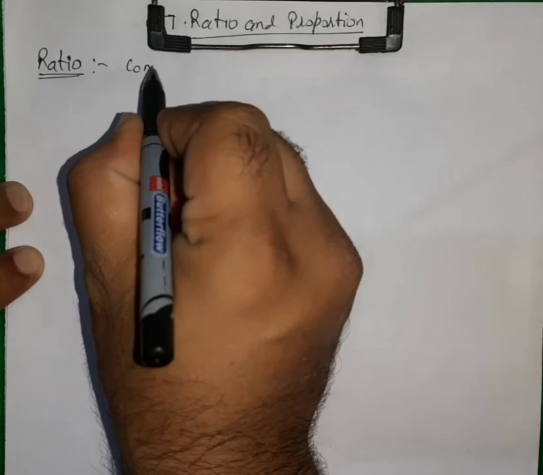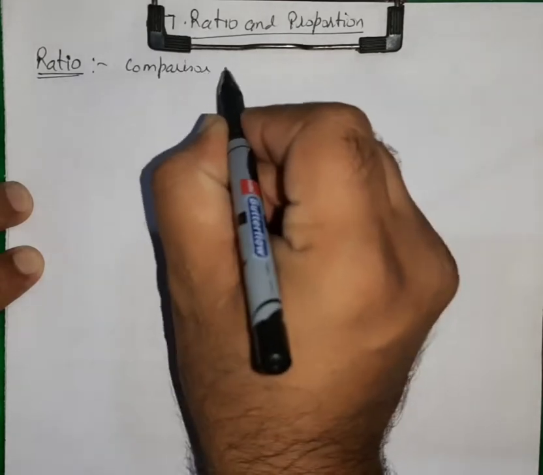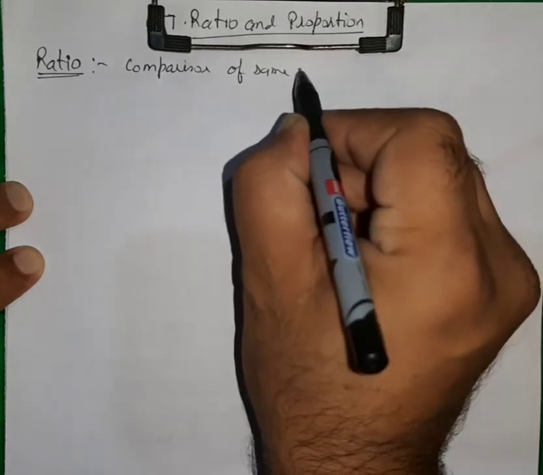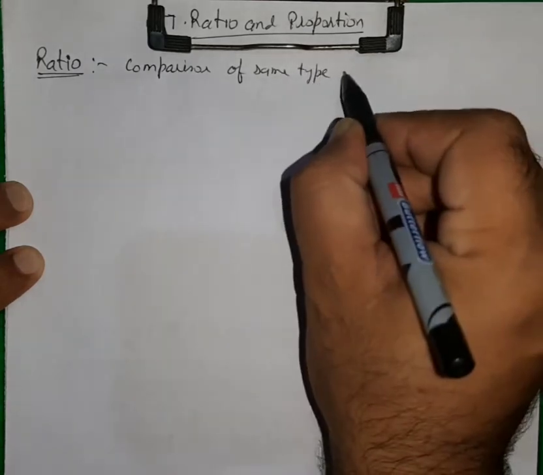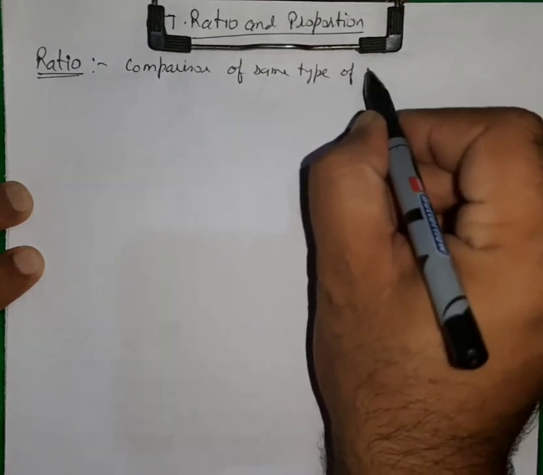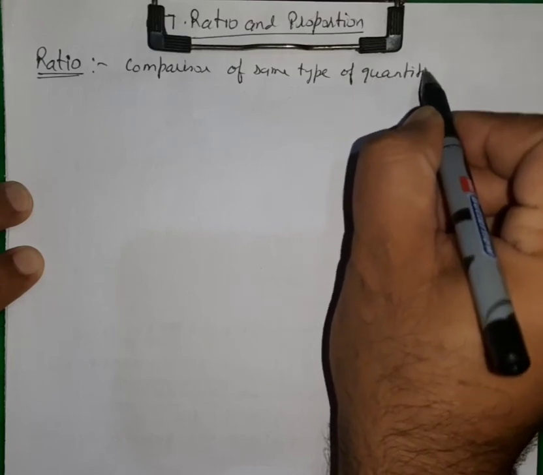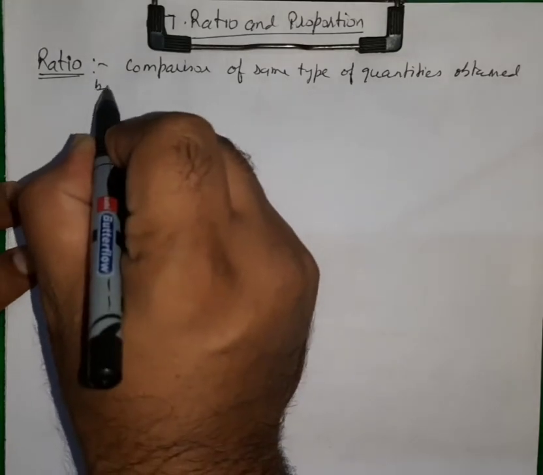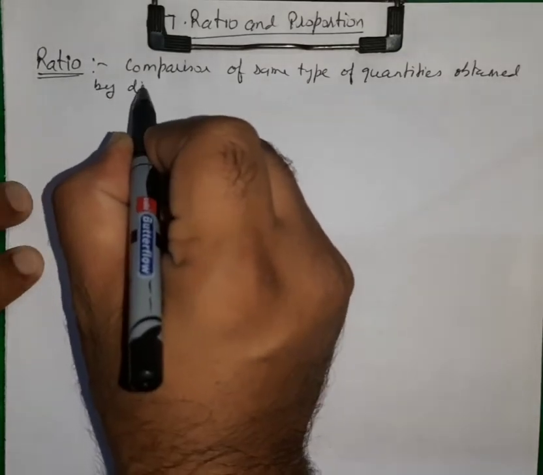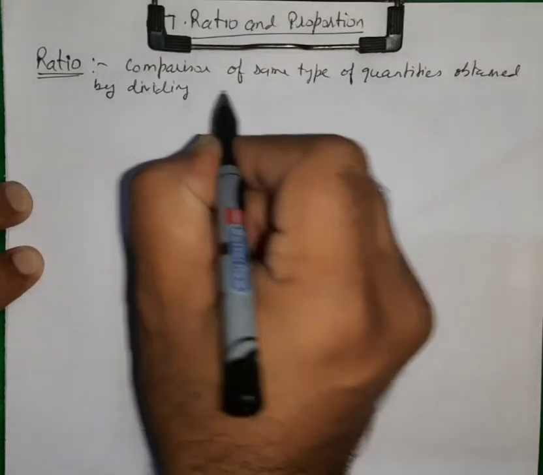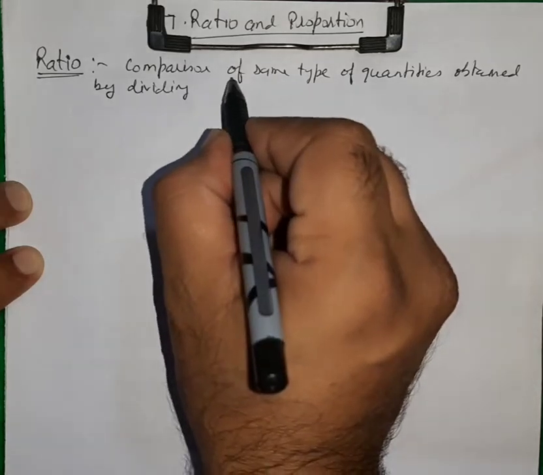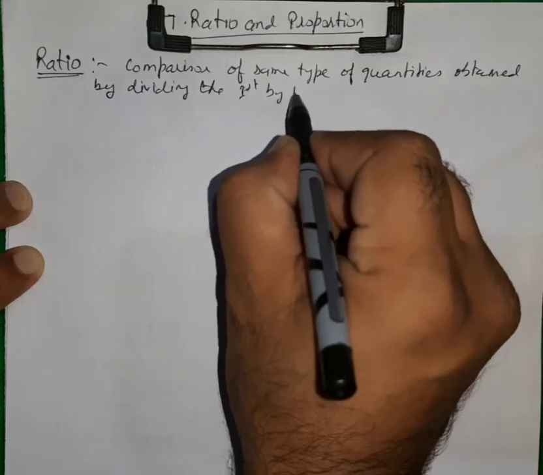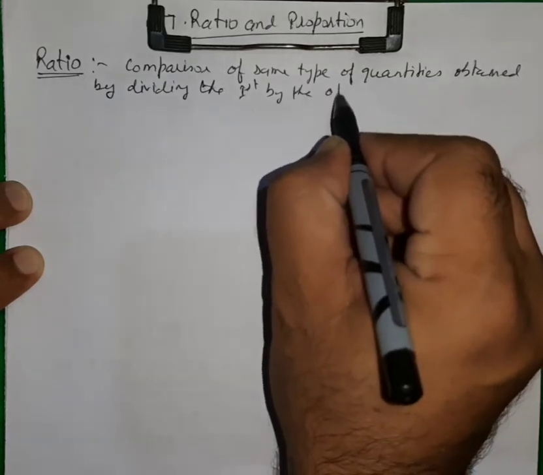So it is the comparison of same type of quantities obtained by dividing the first by the other.